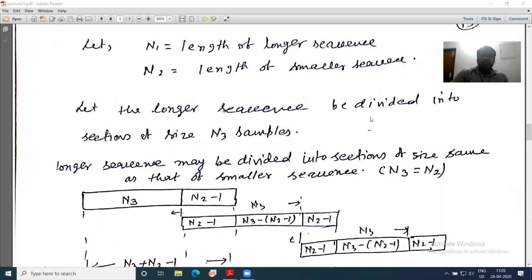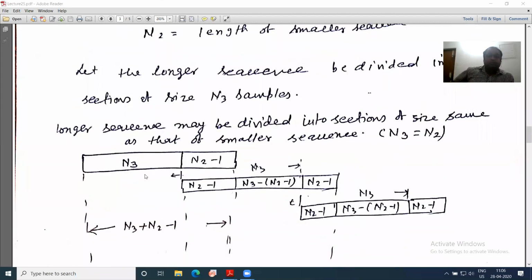Now if I see the convolution of the 2 sequences, what will be the output length? Suppose the smaller sequence that I have divided into sections, each section has length N3.